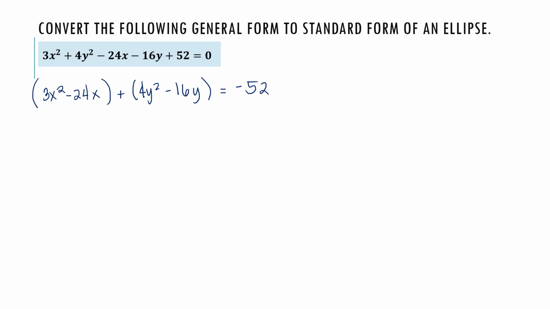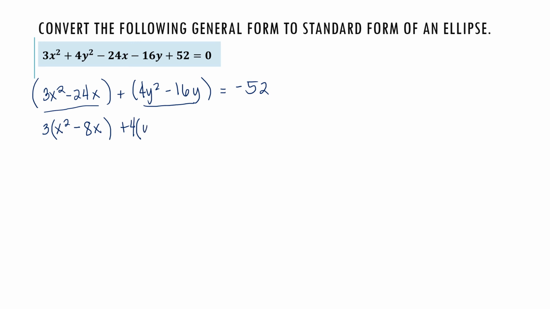Okay? Next, let us factor out the common. Ano ba ang common sa 3x squared minus 24x? Okay, we can factor out 3. So we are left with x squared, 24 divided by 3 is 8, 8x. Plus, dito naman, ano ang common? Okay, 4.